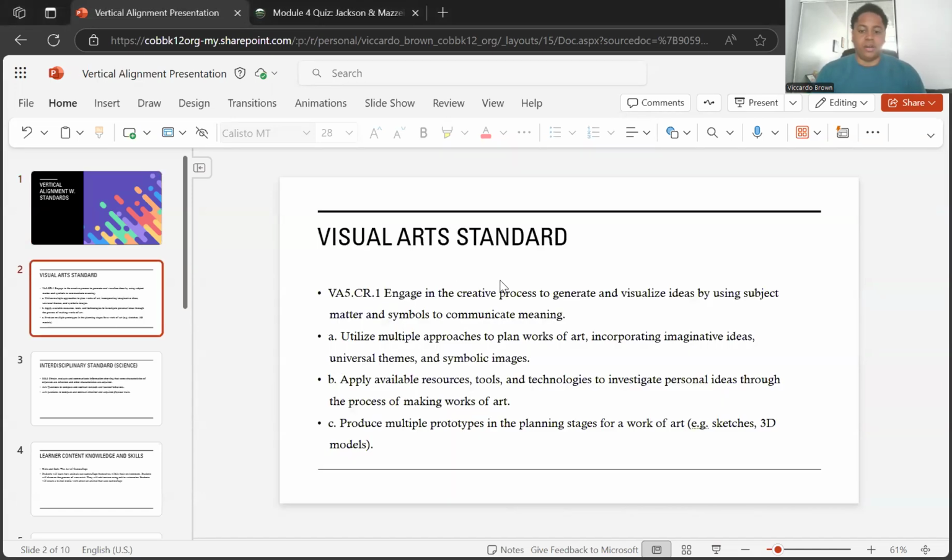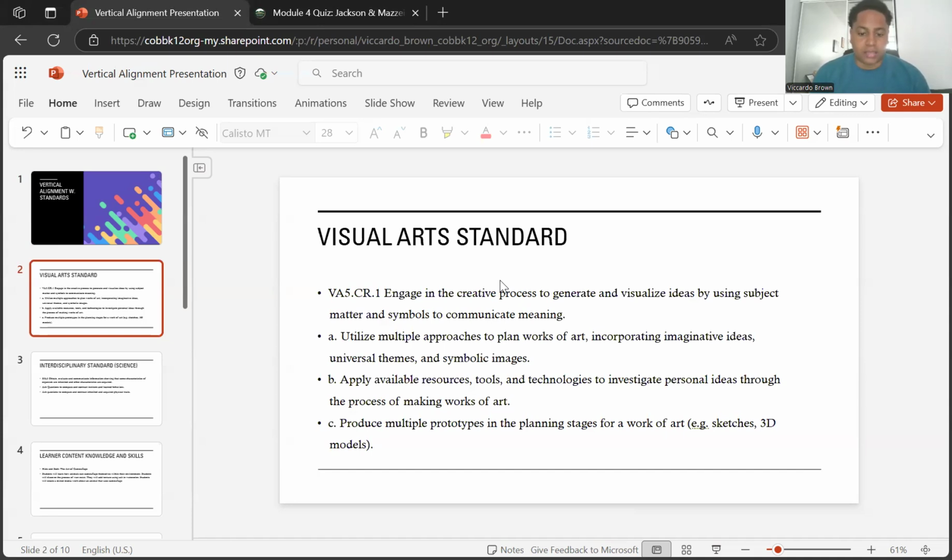So my visual art standard that I'm going to be using as a baseline for this project is VA5CR1. This standard is engage in the creative process to generate and visualize ideas by using subject matter and symbols to communicate meaning. A subcategory of that is utilizing multiple approaches to plan works of art, incorporating imaginative ideas, universal themes, and symbolic images.